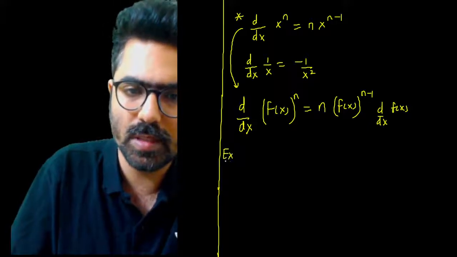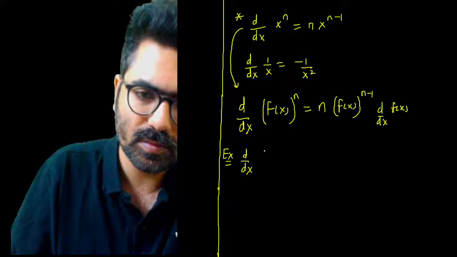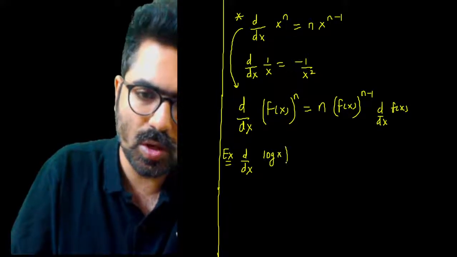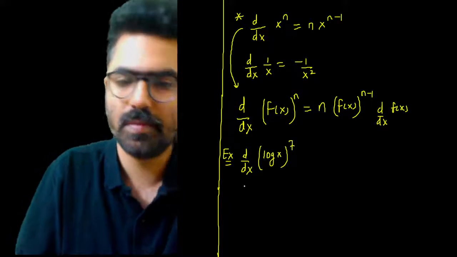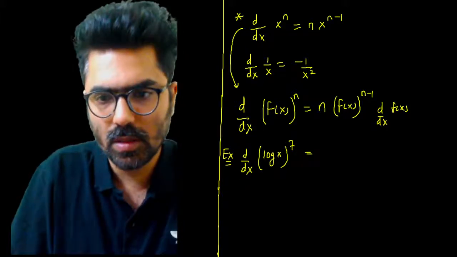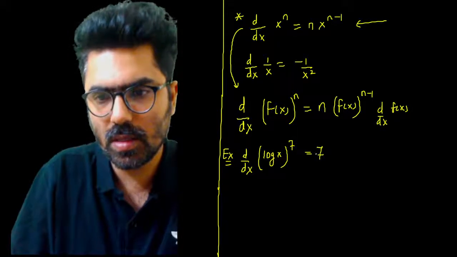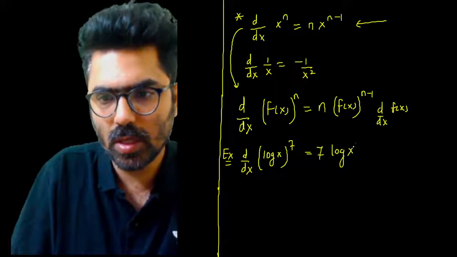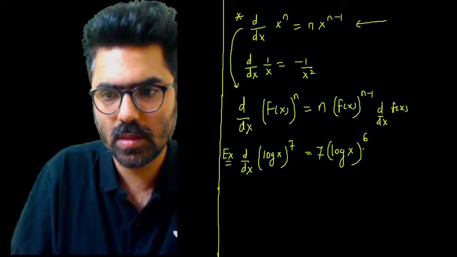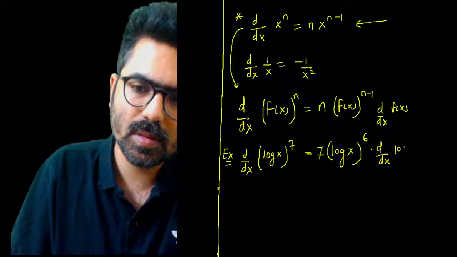Now let's take an example here. Derivative of log x whole power 7. If you apply the same concept of x power n, it will be 7 into log x whole power 6, into derivative of log x.